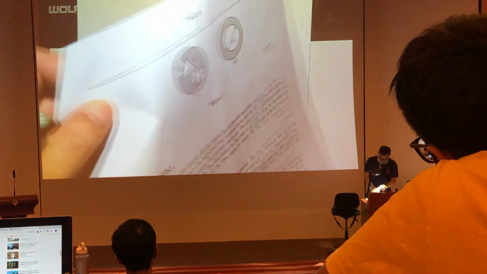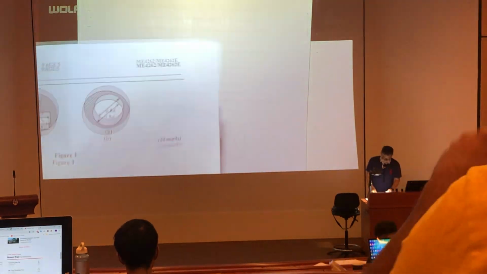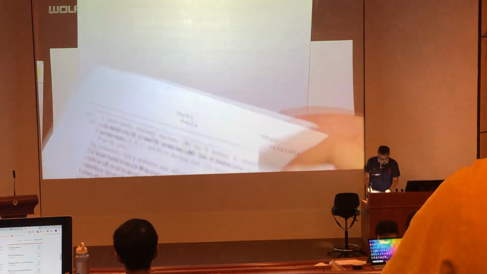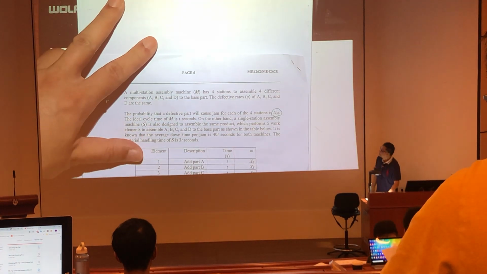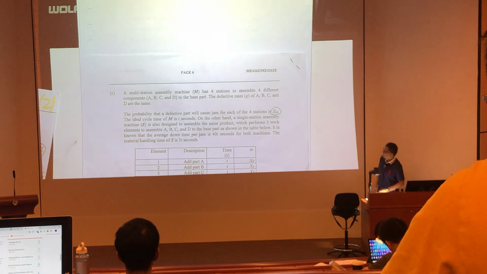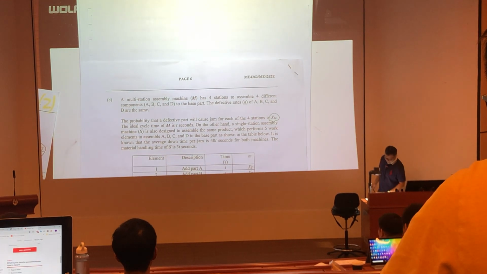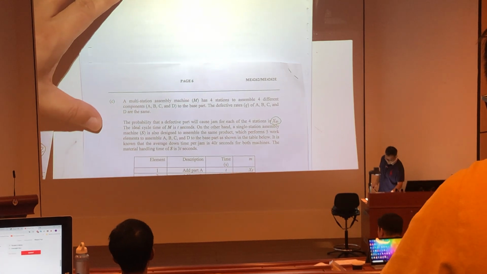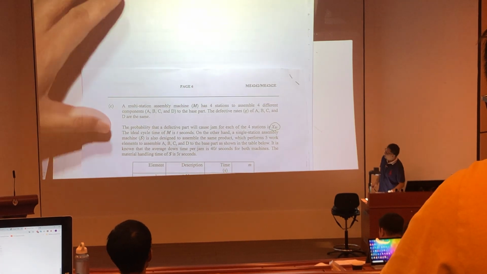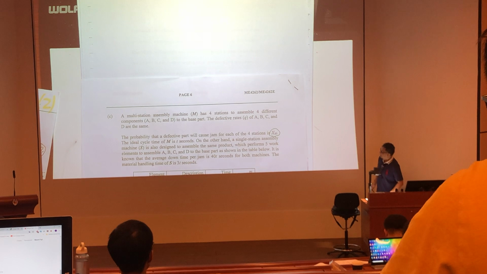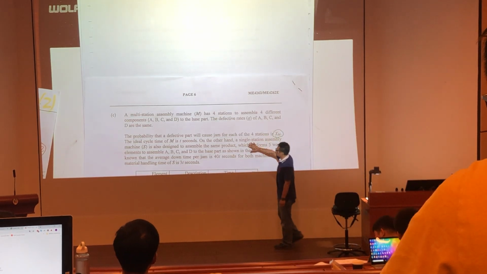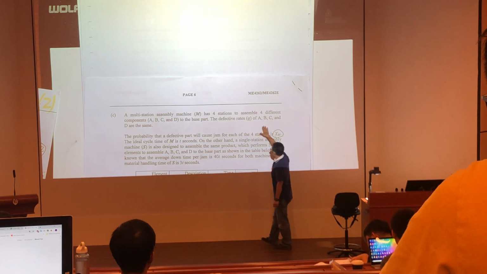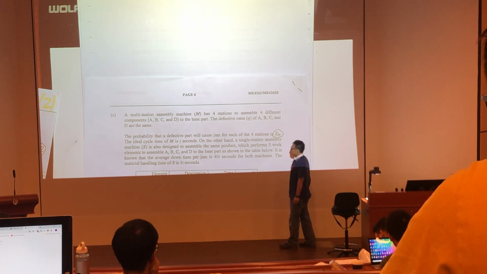That's for B. Final one, for C. Single station machine. Oh, sorry, this one actually involves both multi-station and single station. A multi-station machine has 4 stations to assemble 4 different components to a part. Defect rates Q for A, B, C, D are the same.